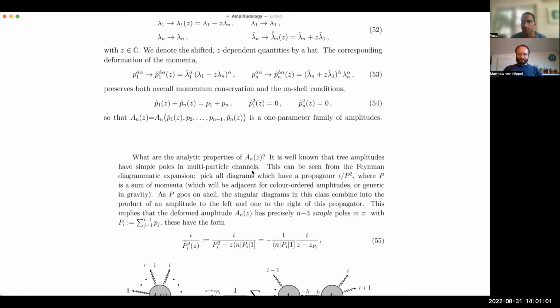And so that's a pole in the amplitude, where no other integration has been performed, right? It's just different vertices sewn together by these propagators, a product of all these things.